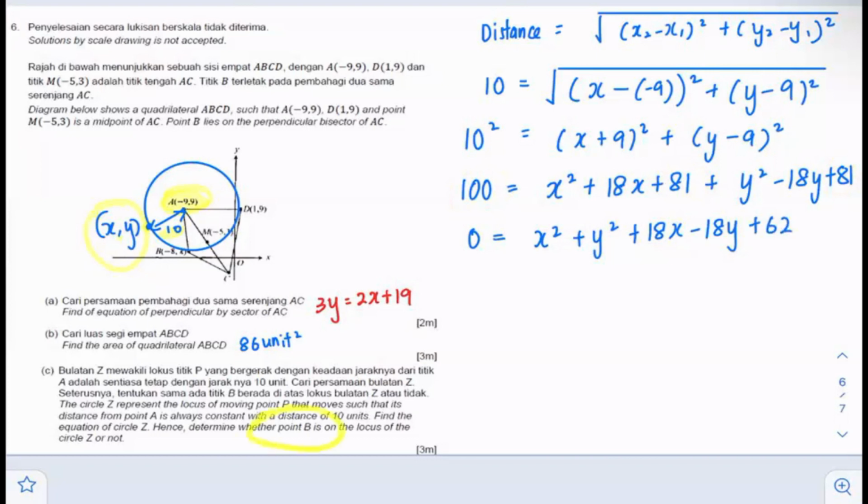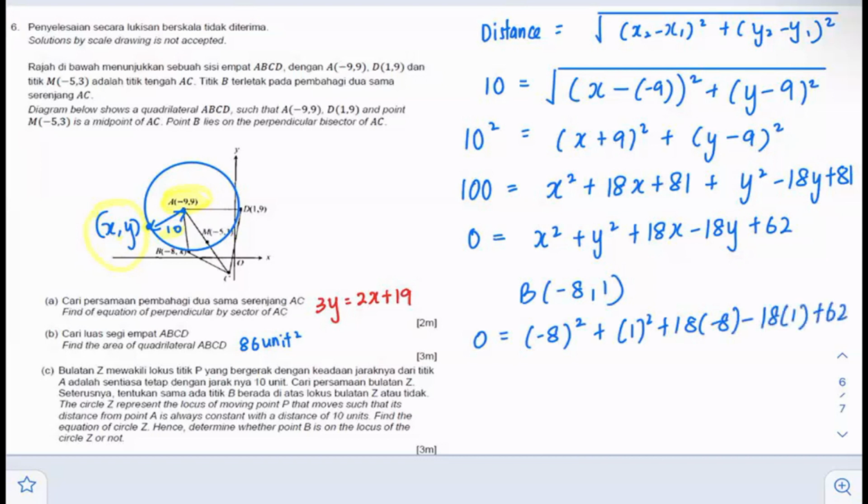And to check whether point P lies on this circle or not, we just need to put in the coordinate of B into this equation. If it fulfills the equation, it means that it lies on the circle. If not, it doesn't lie on the circle. So let's check. So we have B is negative 8 and 1, and we put it into the equation. x is negative 8 square plus y is 1 plus 18 times negative 8 minus 18 times 1 plus 62.